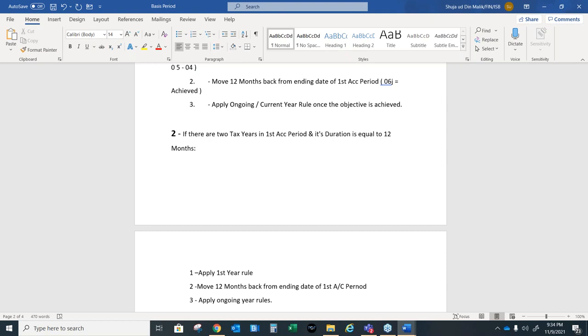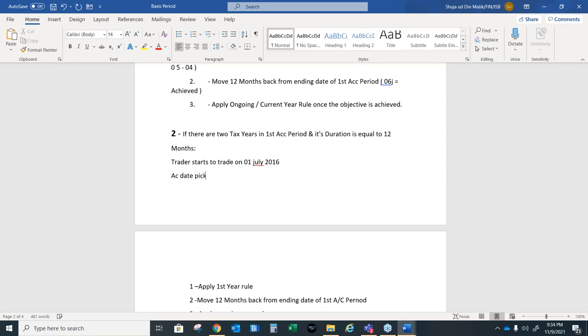So I say the trader starts to trade on, for example, 1st July 2016. The accounting date picked is 30th June 2017 with profits equal to 12,000.